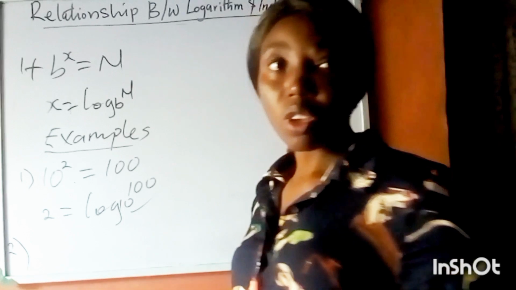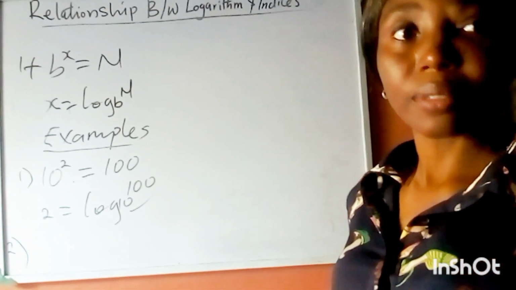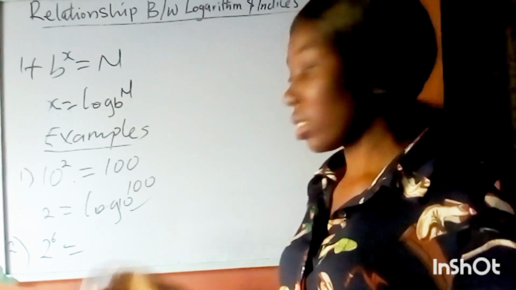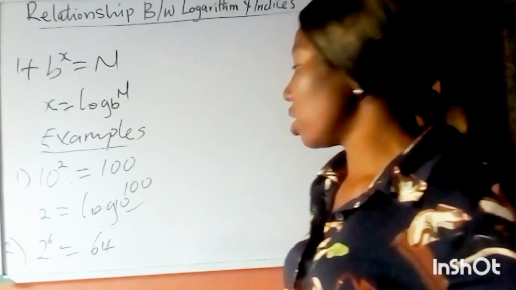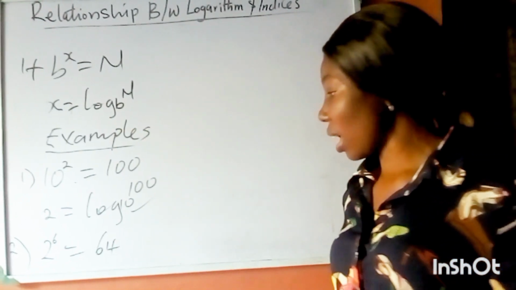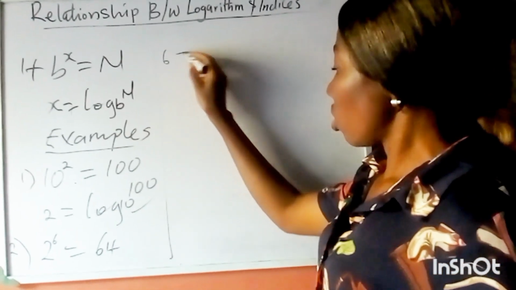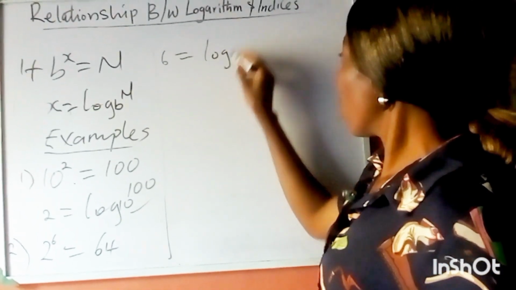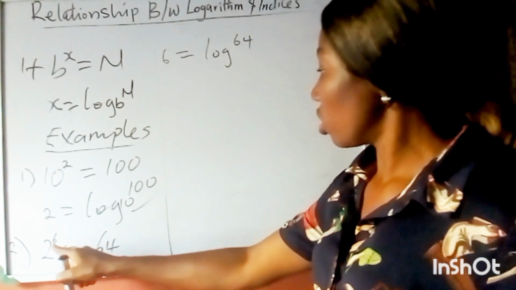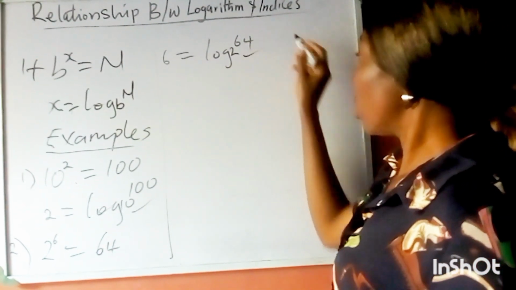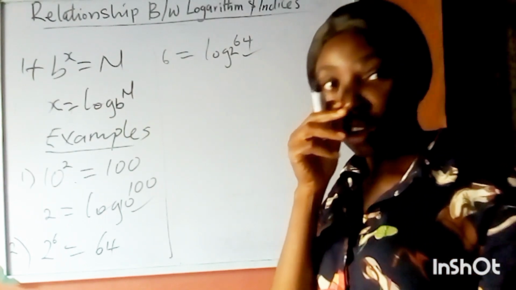Also, if we have something like 2 raised to the power of 6 equals 64. This is indices. So how do we write this as a log? We have 6 equals log of 64 in base what? 2. So this is it as a log.